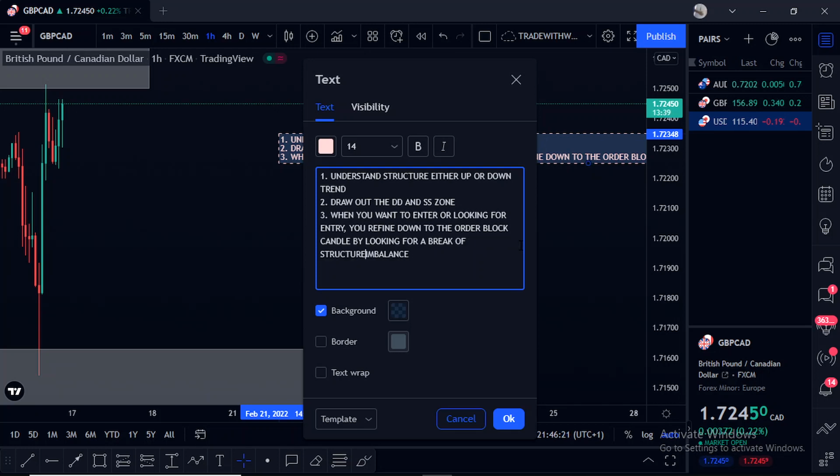It should be break of structure and imbalance.